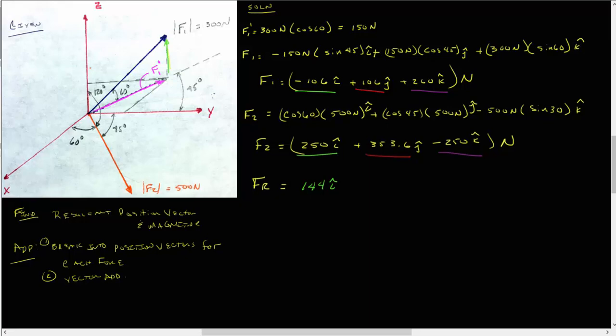Then here I'm going to say this is going to be plus 106 plus 353 is 459.6j. And then I'm going to say 260 minus 250, we can say that's going to be 10k. And all in newtons.